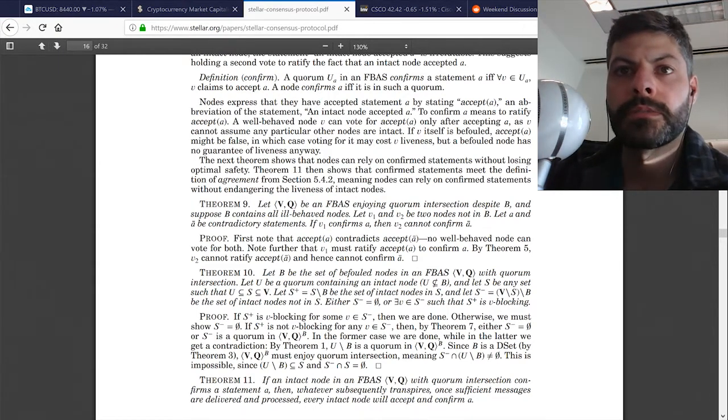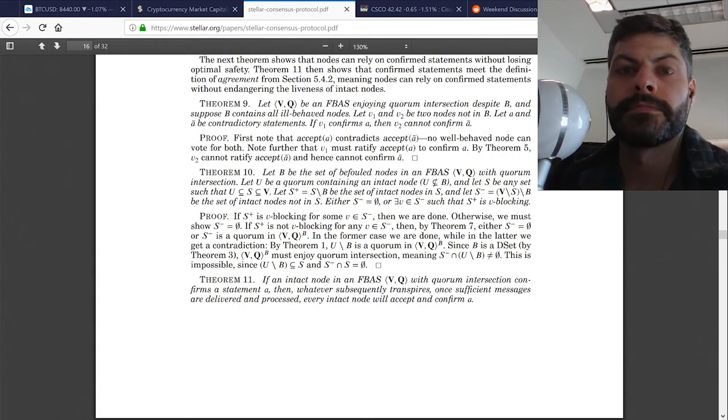Let U be a quorum containing an intact node, U a strict subset of B, and let S be any set such that U is a subset of S is a subset of V. Let S plus equal S minus B be the set of intact nodes in S, and let S minus equal V minus S minus B be the set of intact nodes not in S. Either S minus equals the empty set, or there exists V in S minus such that S plus is V-blocking. See proof below on page 16.